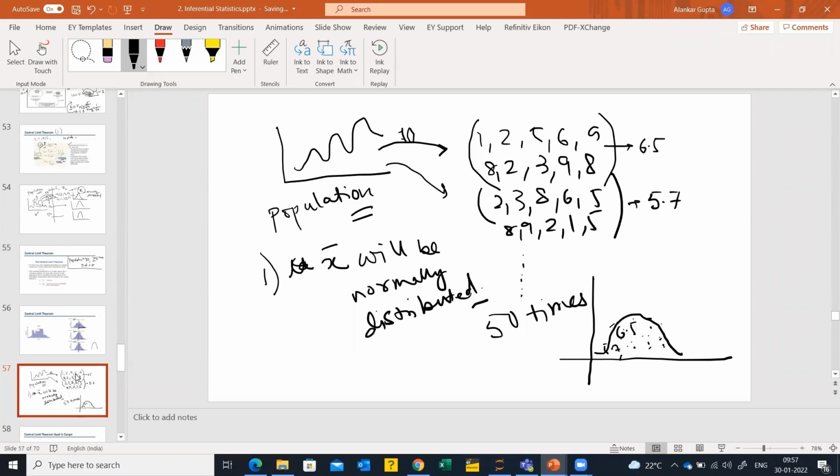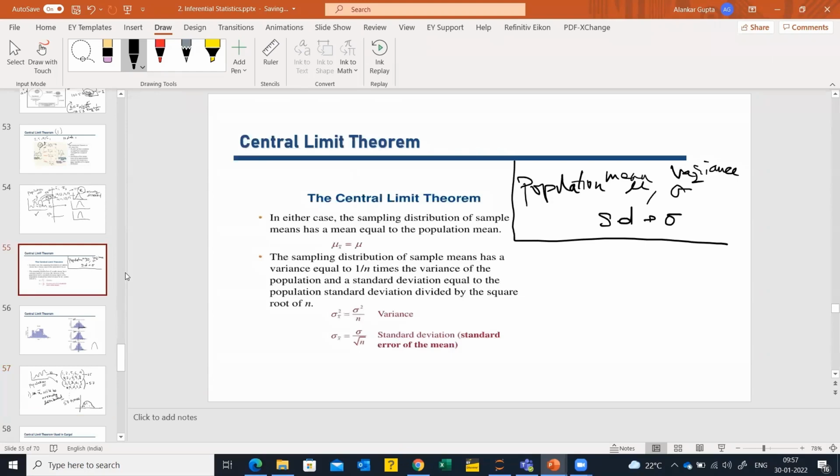The second one basically talks about the standard deviation. It says that the sampling distribution of sample means has a variance equal to 1 by n times the variance of the population, and the standard deviation equal to the population standard deviation divided by the square root of n.